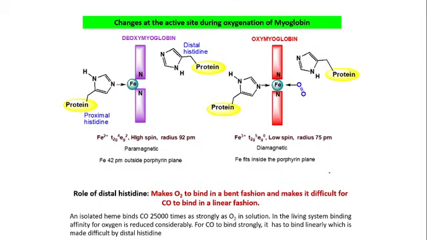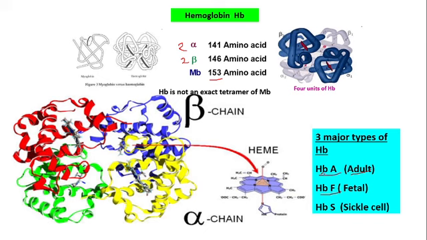Okay, so we will stop here. Next time we will learn the mechanism and the changes at the active site during oxygenation and deoxygenation. In today's lecture we learned the structures of hemoglobin and myoglobin, and how they are differentiated from each other.